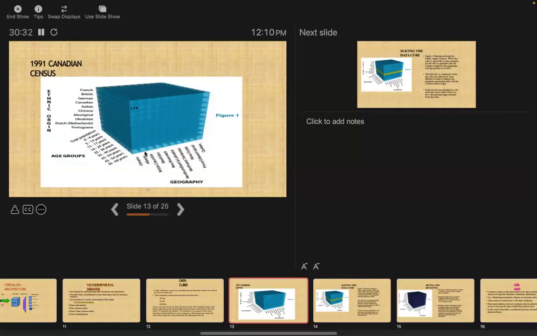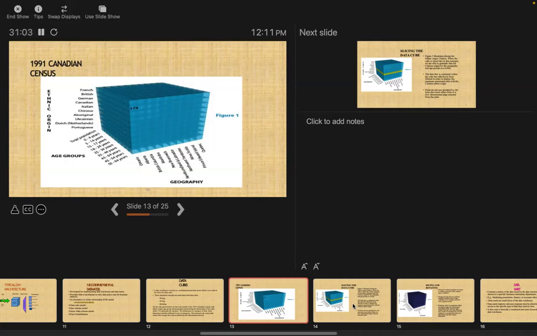In that cube also, we can find the age group, say 25 to 34, say 18 to 24. Similarly, we can find the ethnic origin information also, that he is British or Indian or German, like that. This is an example that we can easily find in a data mining book, and this is the 1991 Canadian census.